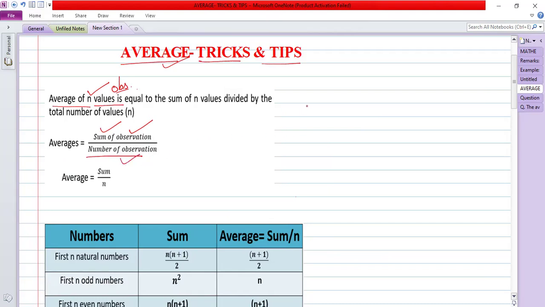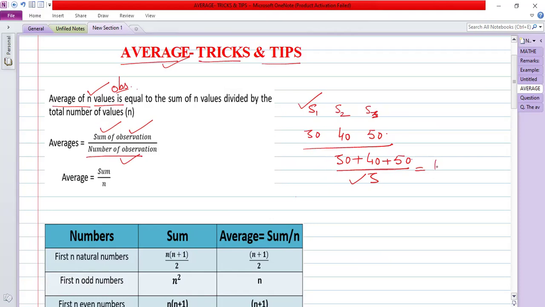For example, suppose I have three students, S1, S2, S3. Their marks are 30, 40, 50, out of 100. Then the average marks of these three students will be 30 plus 40 plus 50 divided by 3, the number of students.